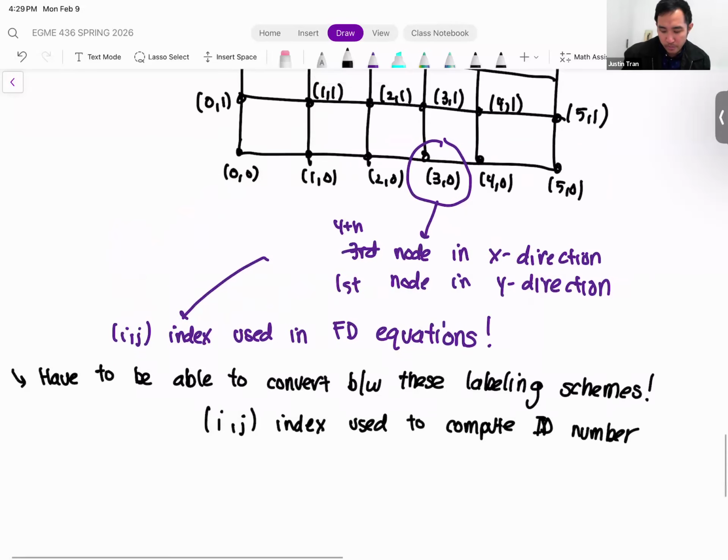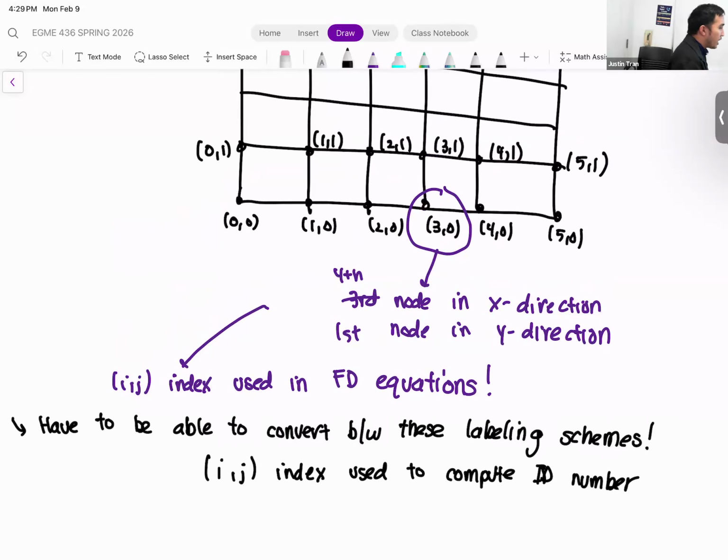Because we've already established that every node in your grid is going to have a unique ID number, but also every node is going to have a unique IJ index. There's no node with the same IJ index as another node, because you can't have two nodes in the same location. Okay, so it should be pretty straightforward: given an IJ index for a node, you should be able to compute its ID number.